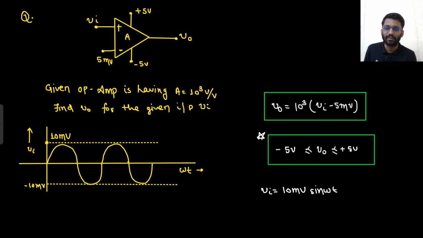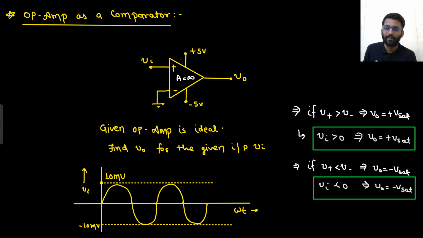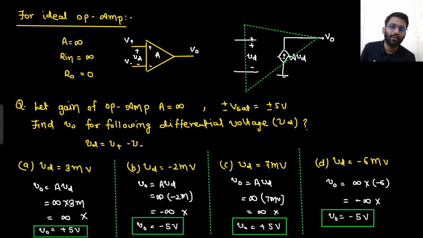I forgot to tell you this. So what will be the input current of an OpAmp? It would be 0. For an ideal OpAmp, input current is 0. Remember it. I in is 0. This is your I in, and this can also be your I in. Always this current is 0 ampere for an ideal OpAmp.